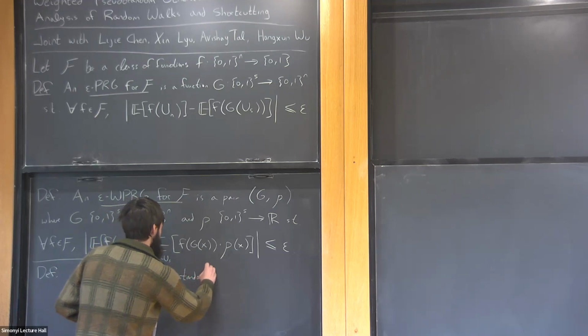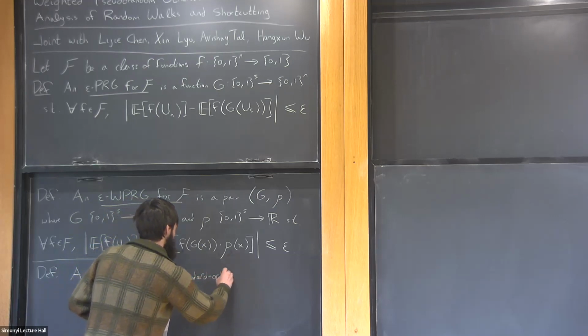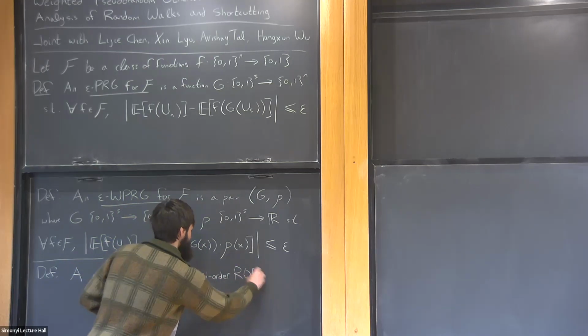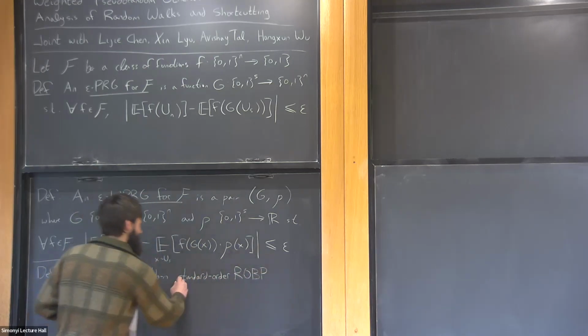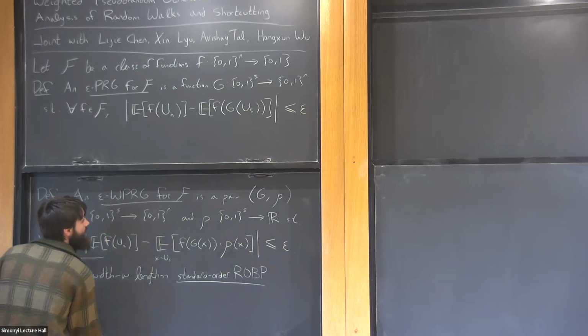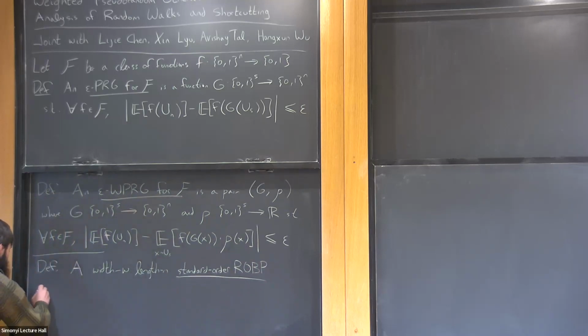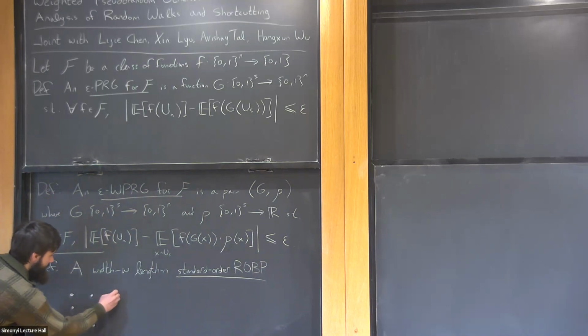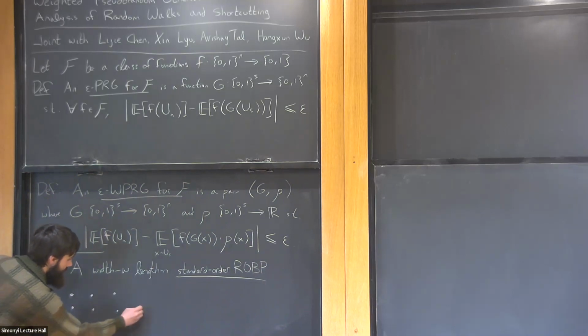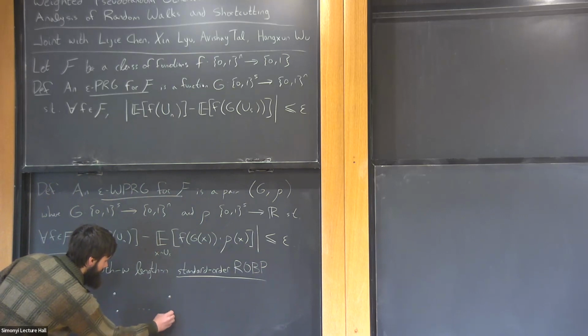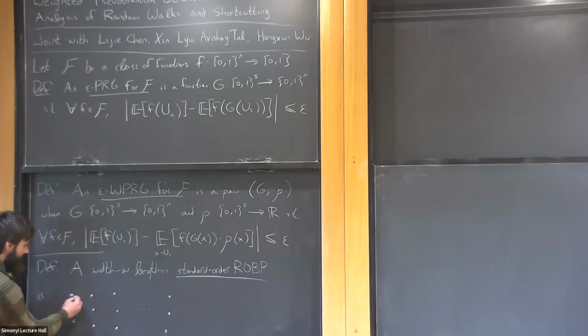We're always today going to be thinking about the standard order case. Standard order read-once branching program. I'll just draw a quick picture. It's a branching program where the vertices are arranged in layers. Each vertex has two outgoing edges pointing to the next layer, labeled 0 and 1.